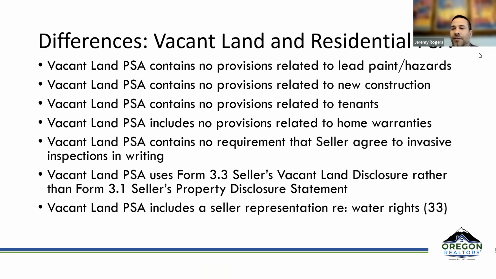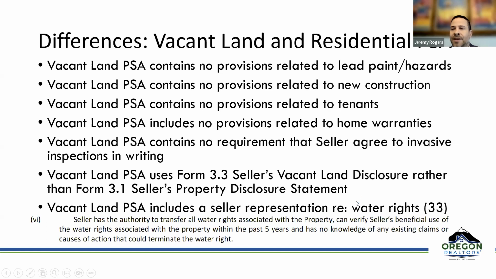Another change is that the vacant land PSA includes one of the seller representations. All of our documents have a seller representation section. In the vacant land PSA, it's section 33. And one of those representations in the vacant land agreement that's not in the residential agreement is related to water rights. The seller represents that they have authority to transfer all water rights associated with the property, that they can verify seller's beneficial use of the water rights within the past 5 years, and that they have no knowledge of any existing claim or cause of action that could terminate the water right.